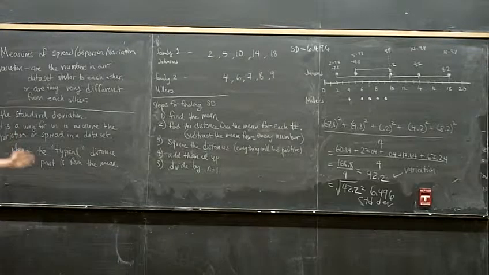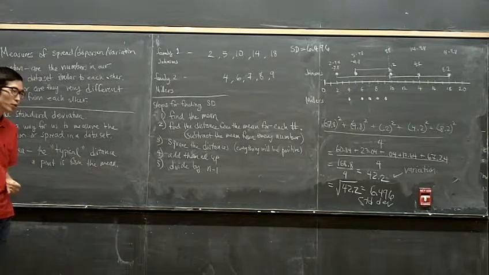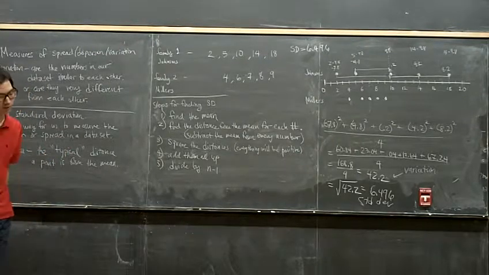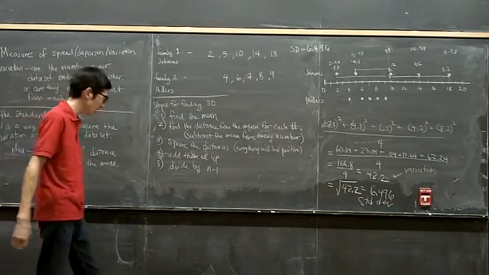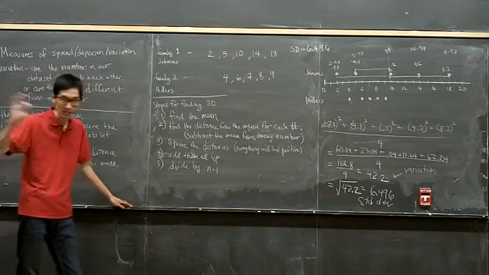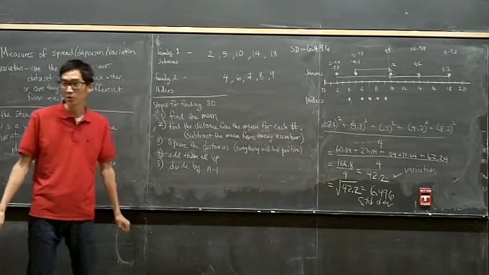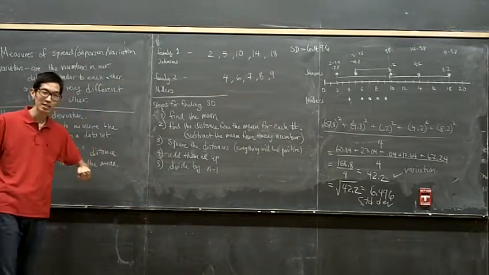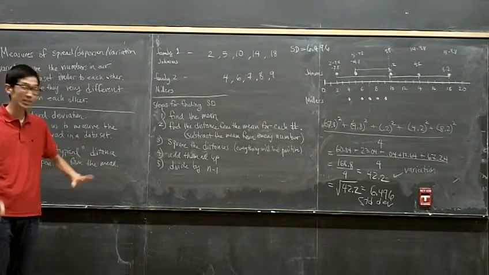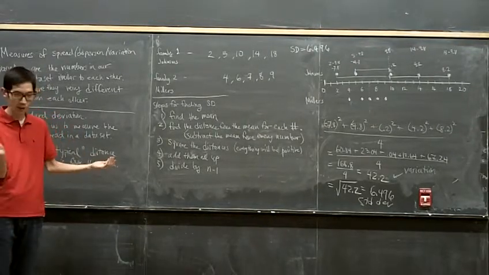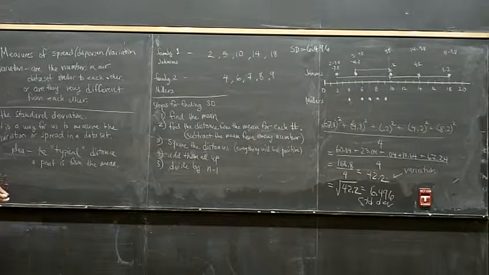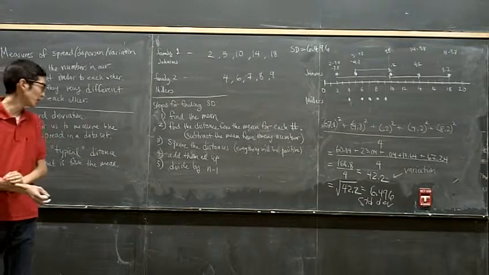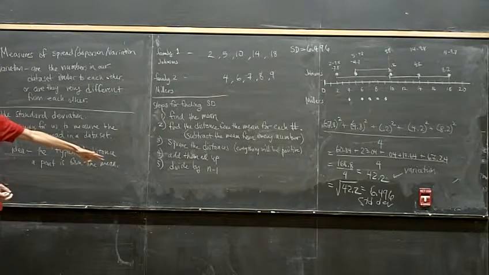If you're curious as to why it's n minus 1, it's this thing called Bessel's correction. It's part of this idea of an unbiased estimator. I don't think you guys are going to worry too much about it. So just go with me and say we're going to use n minus 1. If you're going to study statistics as a career, you're going to have to learn why it's n minus 1. But I think for you guys, it's okay. We divide by n minus 1.